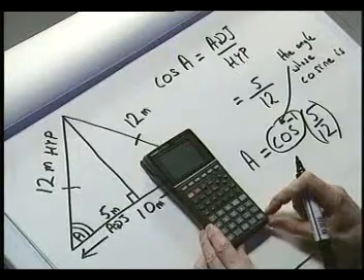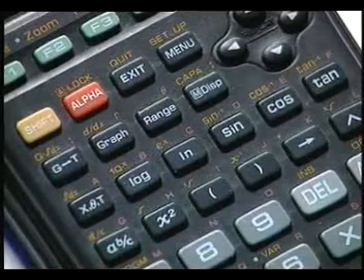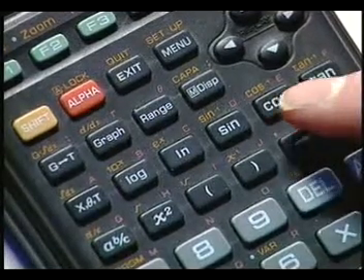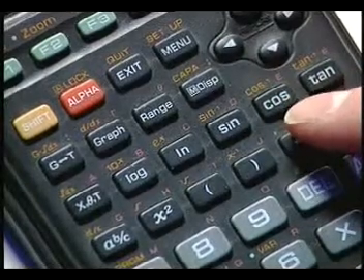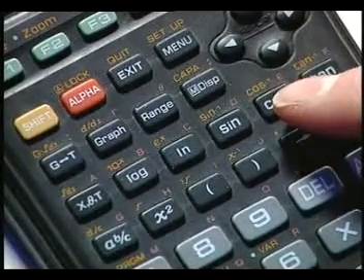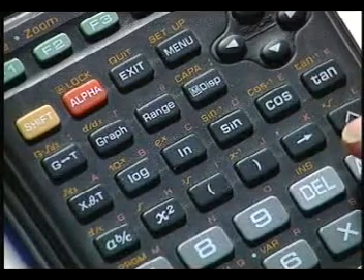So I need to look at my calculator. And we're looking for the angle whose cosine is, and we can see that as cos to the minus 1, which is just along the top of the cos button. And it's on the shift key, therefore, the second function key.